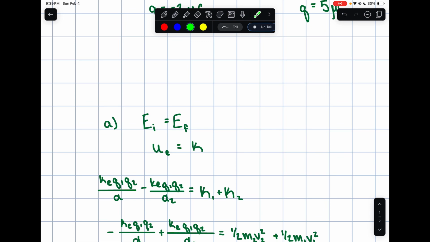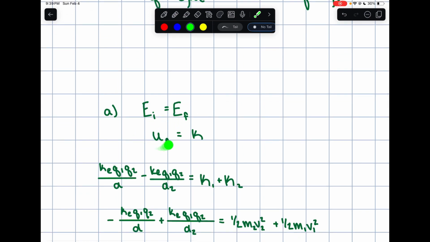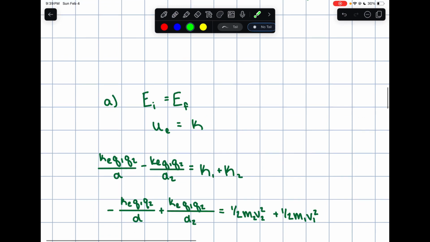We know that energy is conserved in this case, so we can set the initial energy equal to the final energy. In this case, we have electrical energy is equal to kinetic energy.